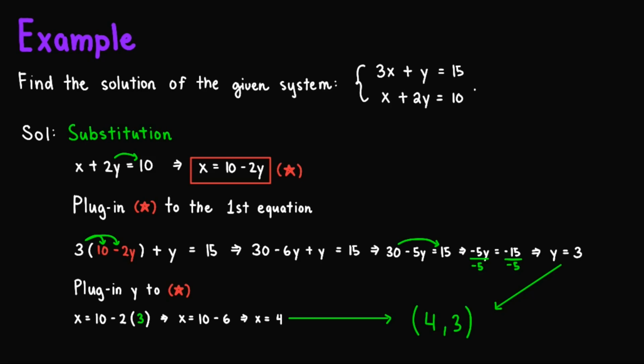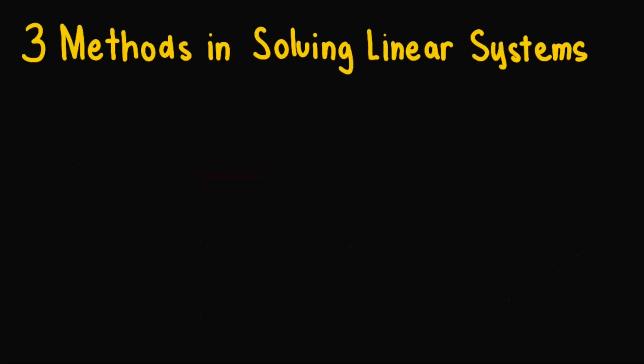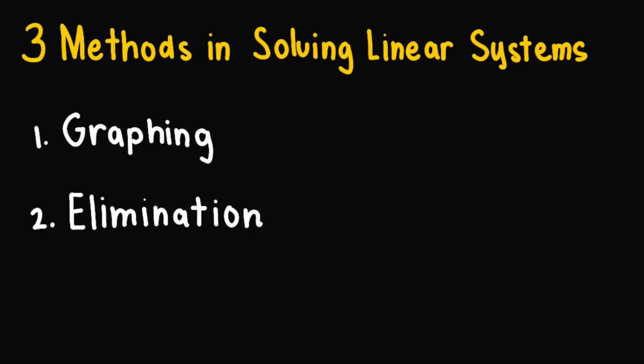So to summarize, in this video, we learned the 3 methods in solving linear systems. The graphing method, which we know is kind of tedious when we don't have a graphing calculator or when we do the solving by hand. The second is the elimination method, wherein our goal is to eliminate one of the variables first and solve for the other one.